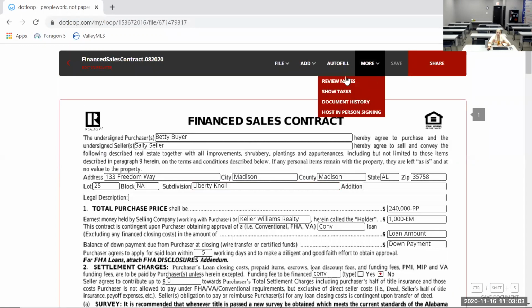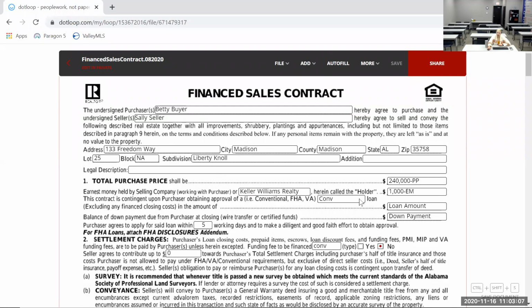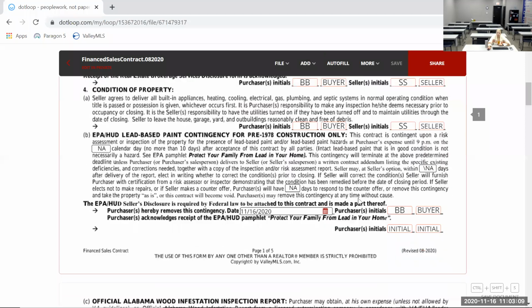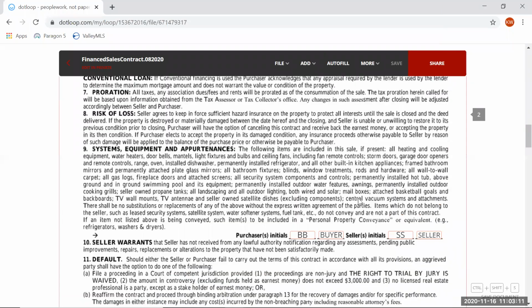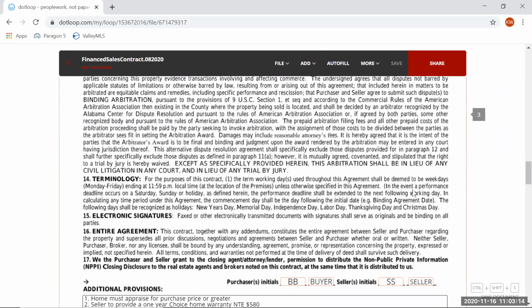It's on Dotloop, so I guess I could share it with you. I don't have access to Dotloop yet. I don't know when exactly we do get access to Dotloop. So I think that will be helpful too if I could get it.